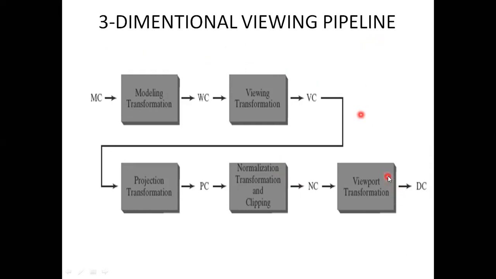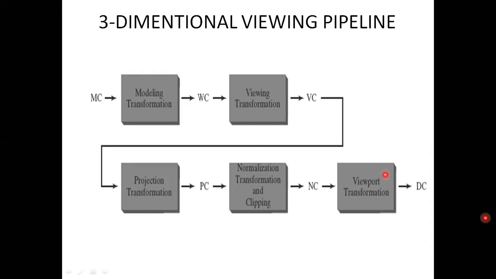Another important thing that happens in this viewport transformation is that this three-dimensional viewing pipeline is converting my 3D image to a 2D image. Why? Because the actual image will be a 3D image. Consider a three-dimensional Sierpinski gasket that you have seen in your lab, or a color cube, or any three-dimensional images.